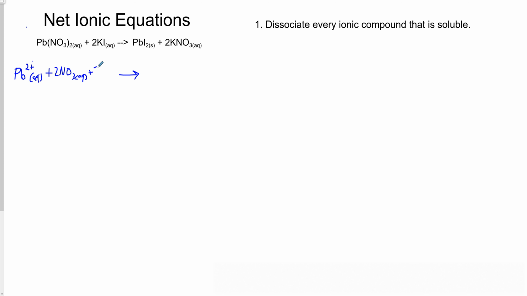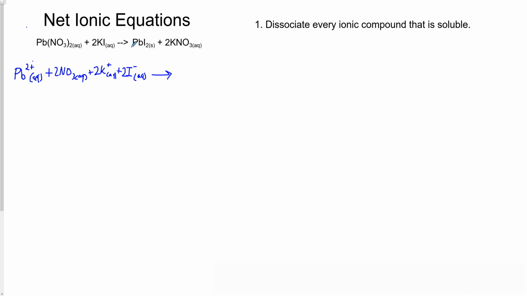We've got 2 K+ aqueous, and 2 iodide minus aqueous. So there are the reactants all dissociated, busted apart into the ions that make them up.